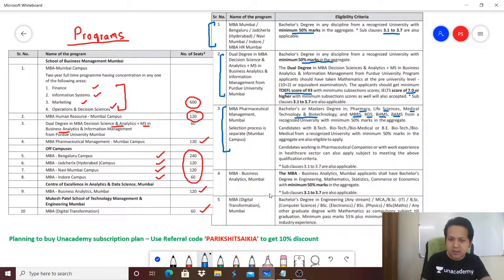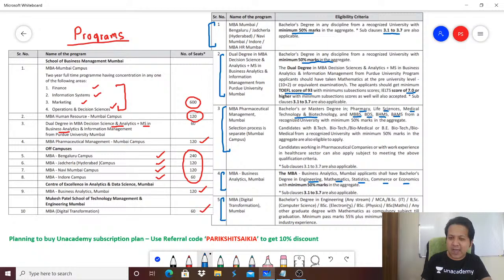Similarly, MBA in business analytics, right? Now for this, you need to have a bachelor's degree in either engineering, mathematics, statistics, commerce or economics. And finally, if you wish to do an MBA in digital transformation, remember this is something very sought after, upcoming. These are some niche skills that you might wish to pursue in your post-graduation.